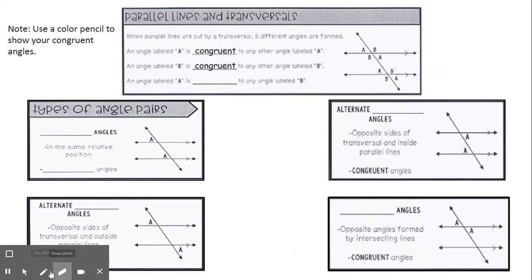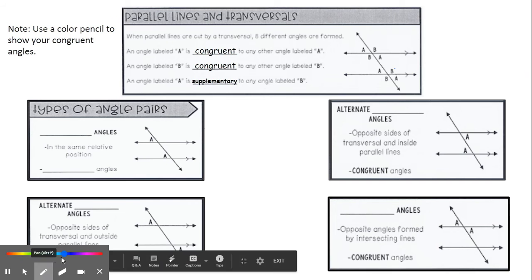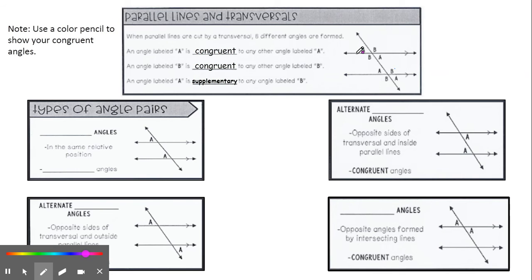Now, angle A is supplementary to angle B. So A and B together, they are supplementary, which means I'm going to draw my S and my U of the supplementary. I like to make my S into an 8 and my U into a 0, and I'm just going to draw the 1 in the front.